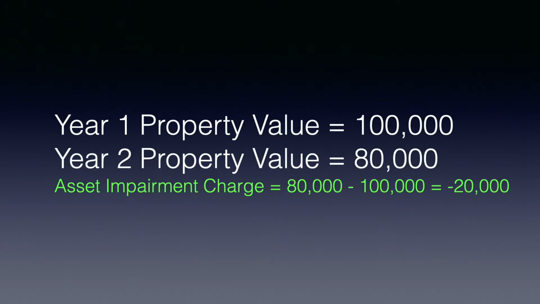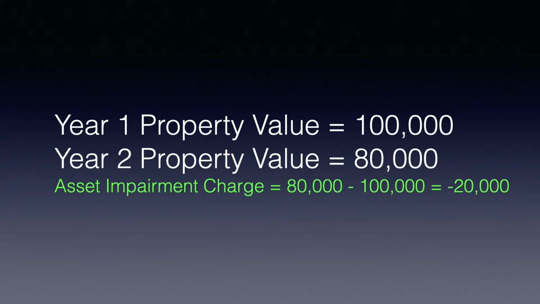Asset impairment charge. An impaired asset is an asset that has a market value less than the value listed on the company's balance sheet. Let's say that a company currently owns a property and that property is valued at $100,000 on its balance sheet. And then fast forward to next year, a housing recession hits, and now the value of the same property has dropped down to $80,000.